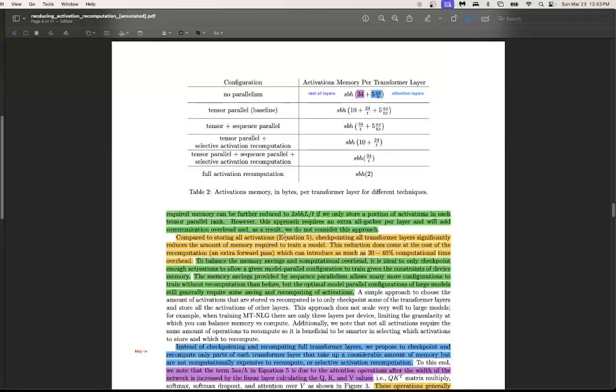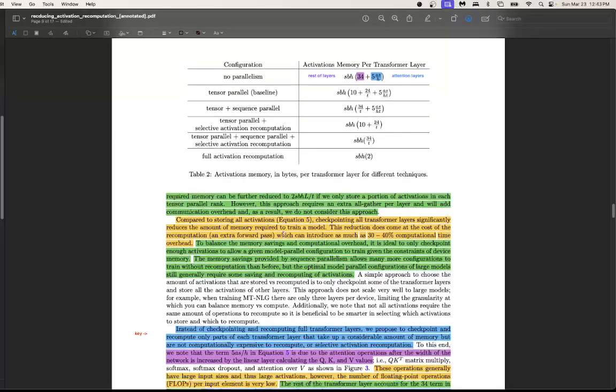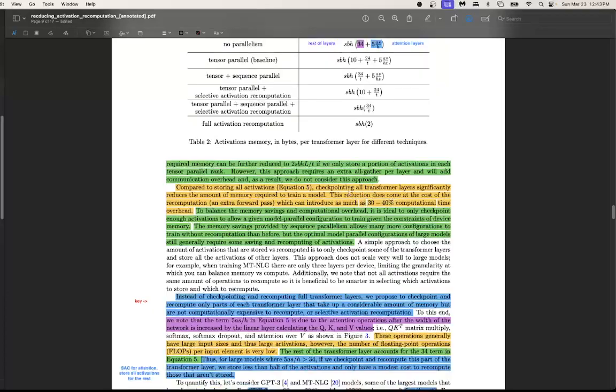What they're using to determine that is how much computation is required to recompute that layer, and how much activation memory we are saving by recomputing. We want to find a favorable trade-off. As their baseline, full activation recomputation has an extra 30 to 40% computational time overhead.